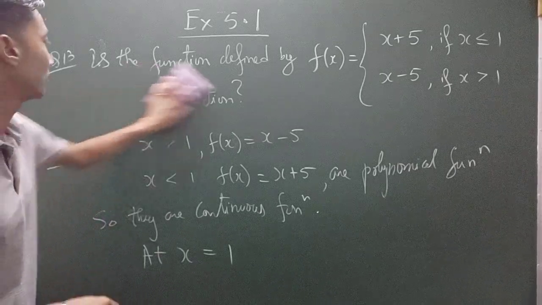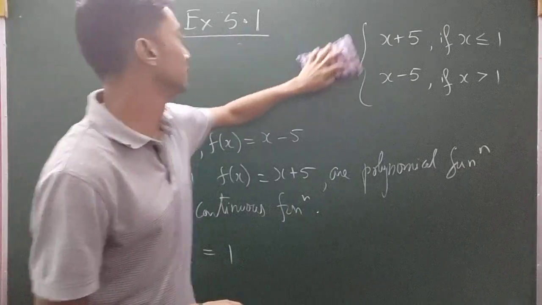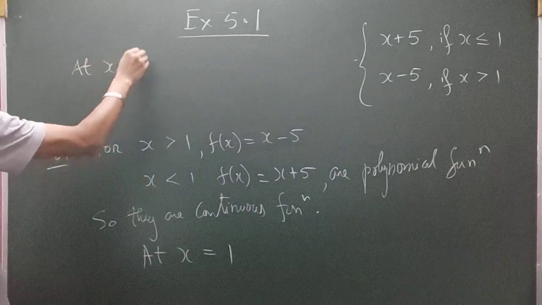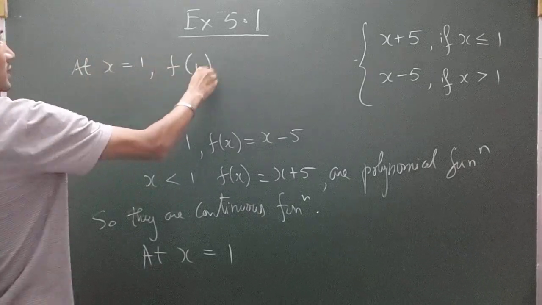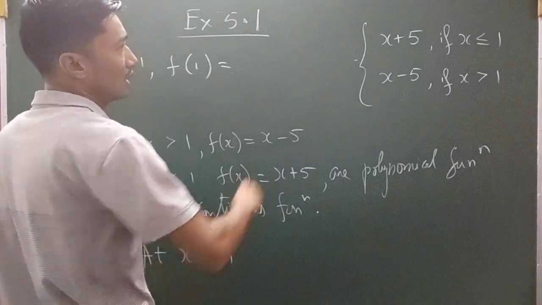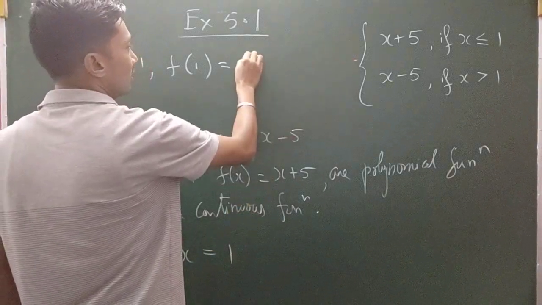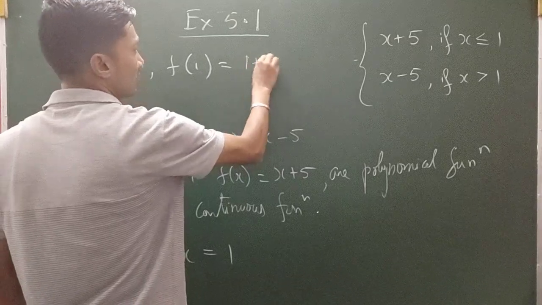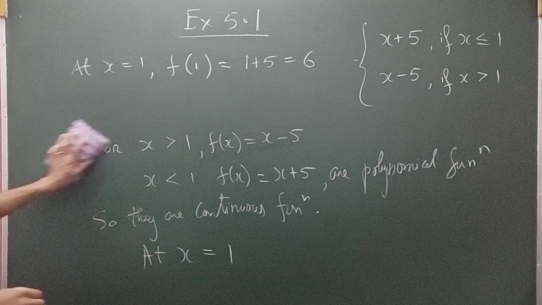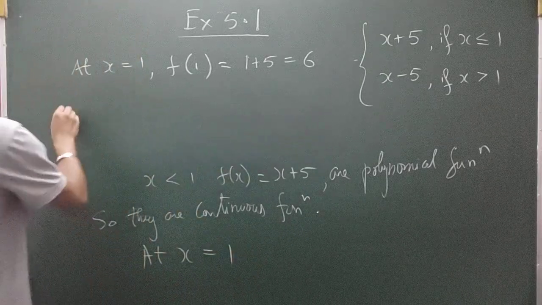So let's solve for x equal to 1. At x equal to 1, what will be my function f of 1? f of 1 would be 1 plus 5, so that would be 6. Let's start with the right hand limit.